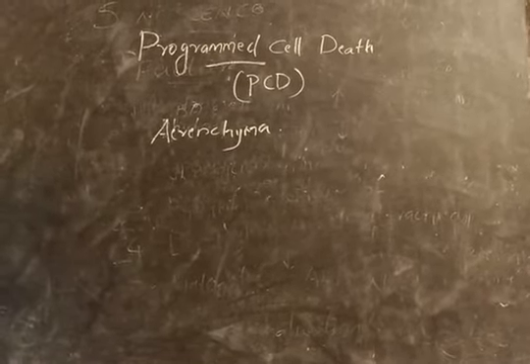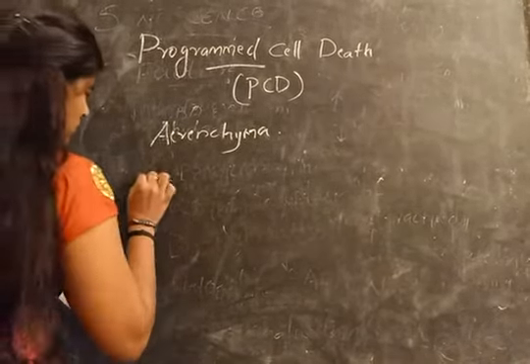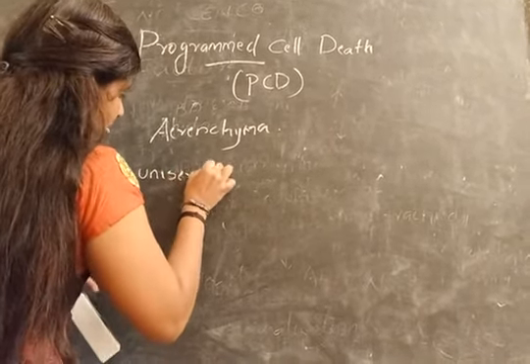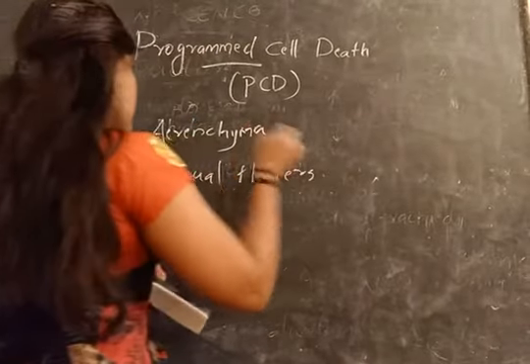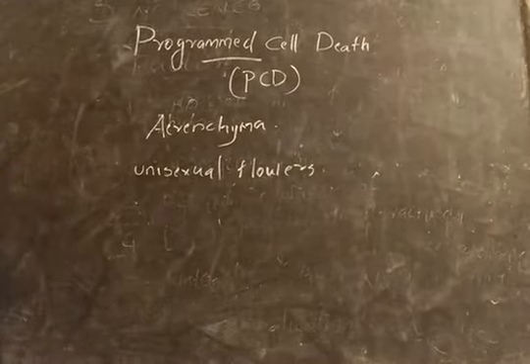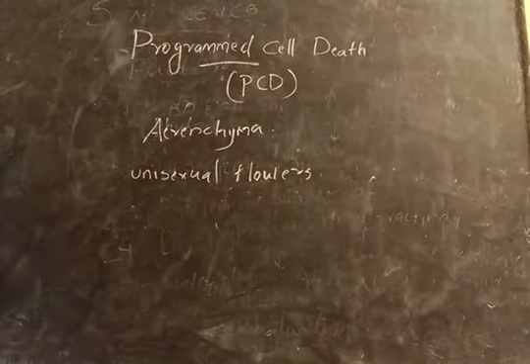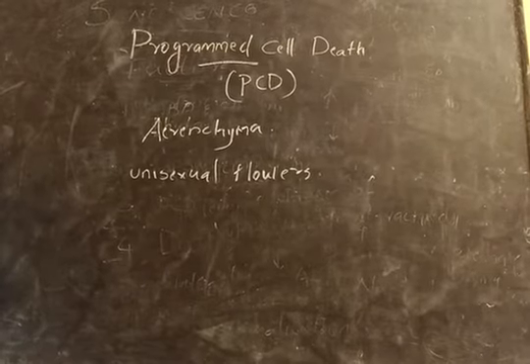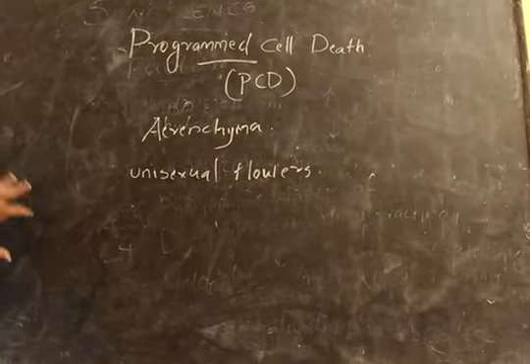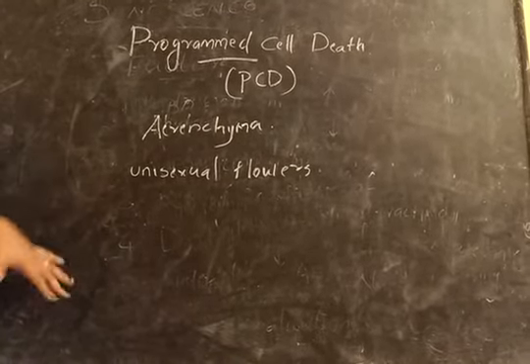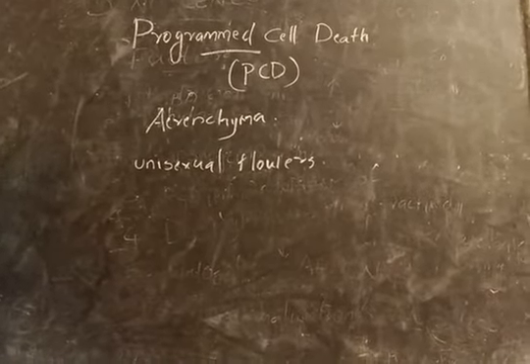And in the development of unisexual flowers, we know what unisexual flowers are: male or female flowers. In unisexual flower production, initially both male and female flowers are produced, but due to the programmed cell death process, one of the flowers may die, and either male or female flowers may occur.